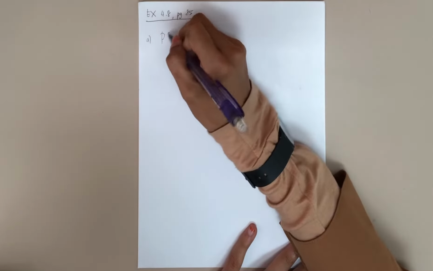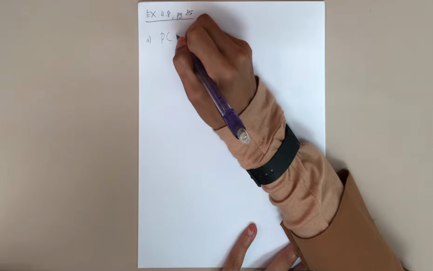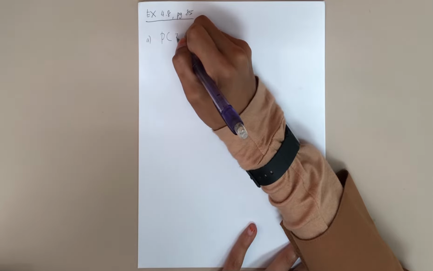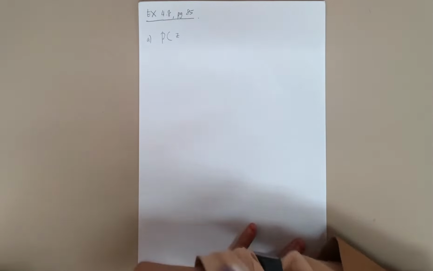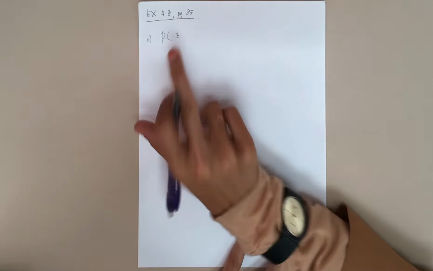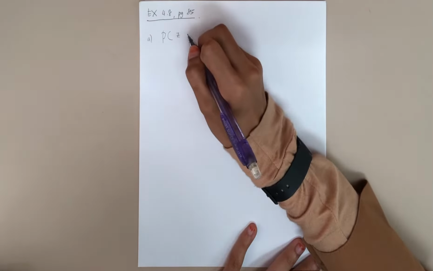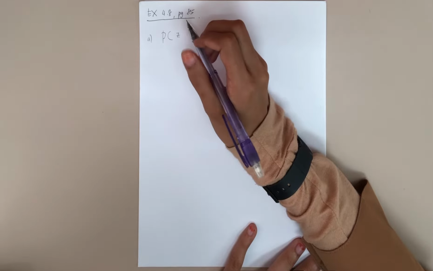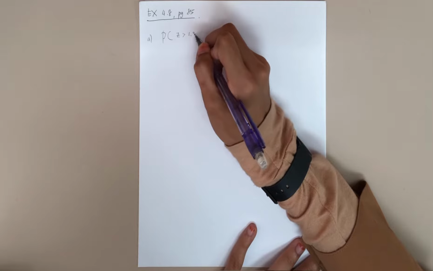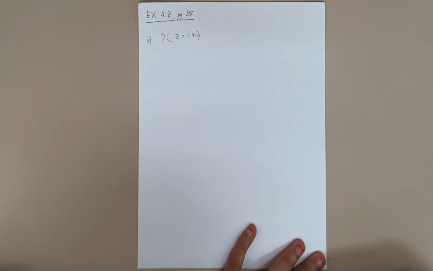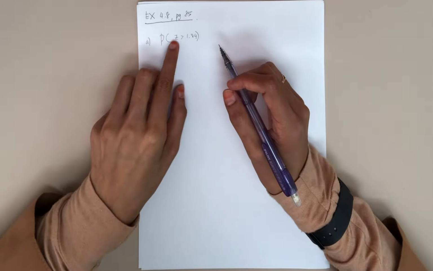So how do we write it? To the right of Z. It means we use Z for the normal distribution and standard normal distribution. So to the right of Z, which means to the right of Z equal to 1.84. So it says to the right of Z, so Z and then to the right of it.